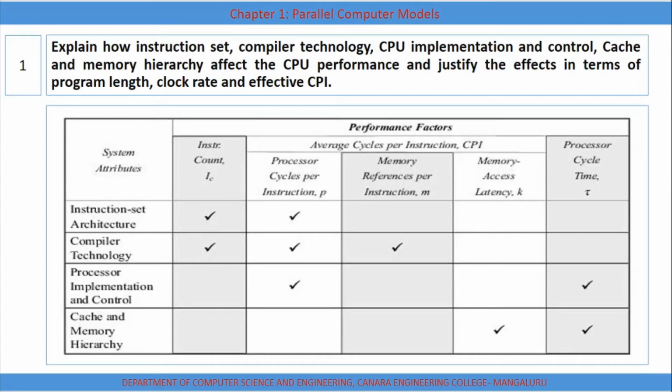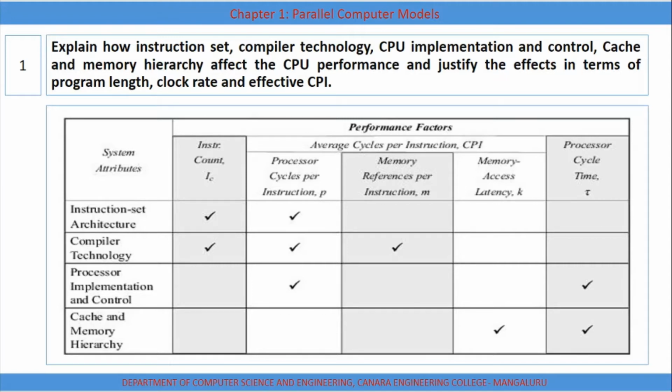This table gives the relation between system attributes and performance factors. The first system attribute, instruction set architecture, directly affects instruction count and processor cycles per instruction.